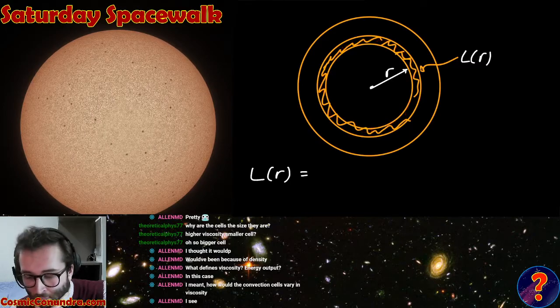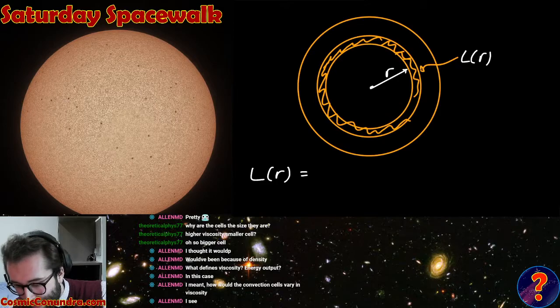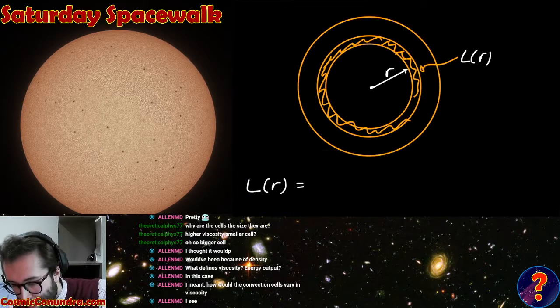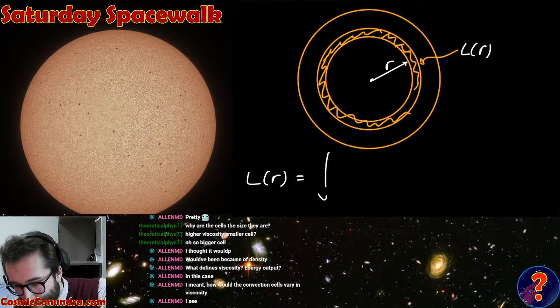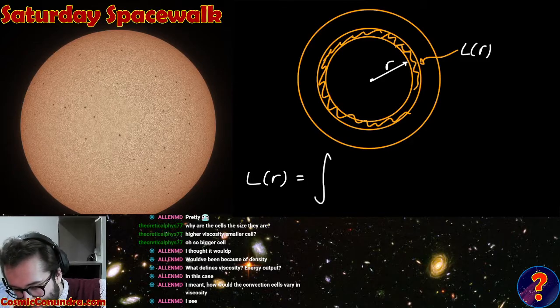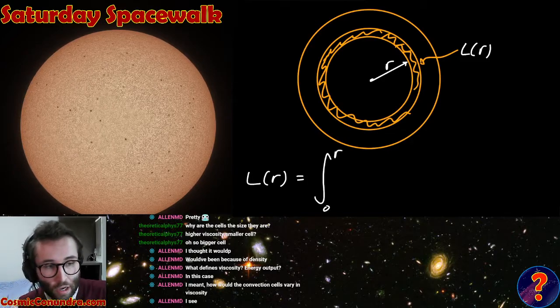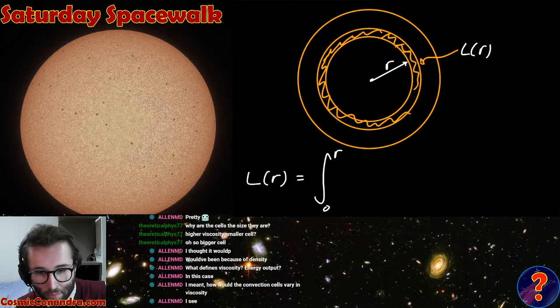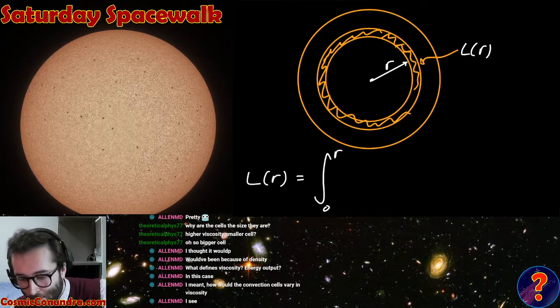Okay? And how do we calculate that total energy that is produced within the radius? Well, we've defined this quantity epsilon, that is the total energy produced per unit mass, okay?